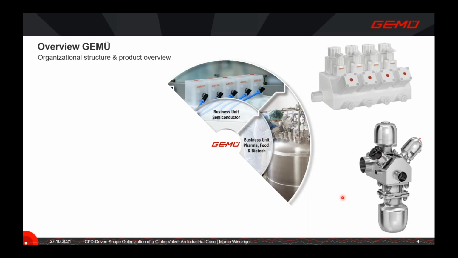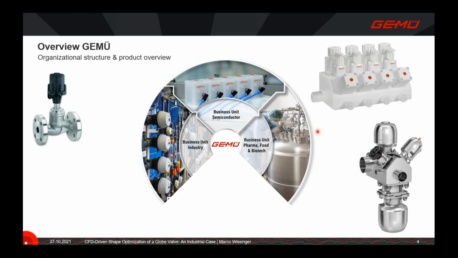And another one to mention is the business unit Semiconductor, which is a very fast growing one, as you can imagine. And here as well are multi-valve port blocks used at our customers' plants, but they are made of a special kind of plastics, because in this area very aggressive media is used to produce these semiconductor products.